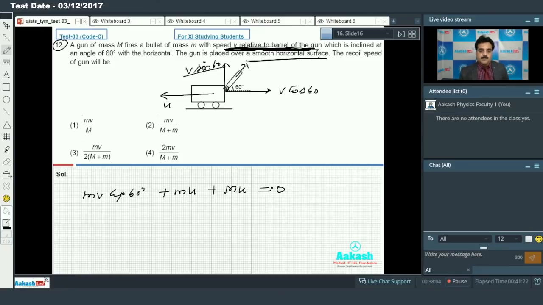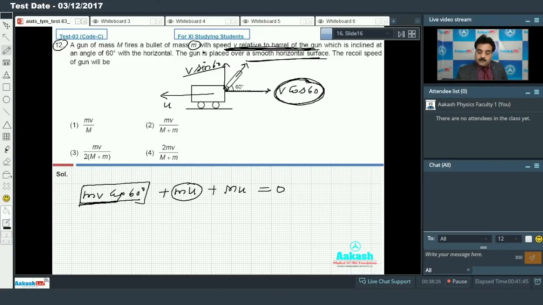There is some new term here. V cos theta is the component of velocity along the horizontal direction. So we will take the velocity of the bullet by this component, and the mass of the bullet is m, so this is the linear momentum of the bullet.